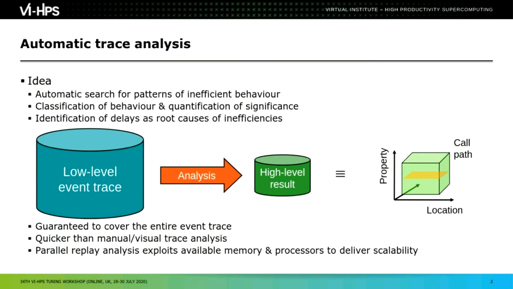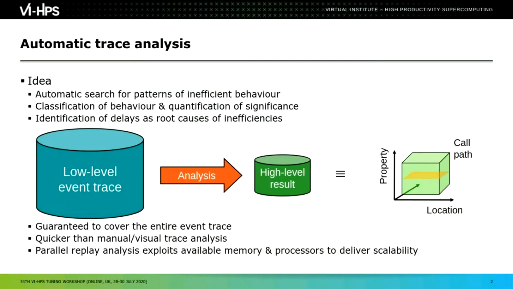We want to classify the execution behavior, quantify the significance of the interactions between processes and threads, and take that further. We can also identify where there are delays and where there are root causes that are underlying these inefficiencies.